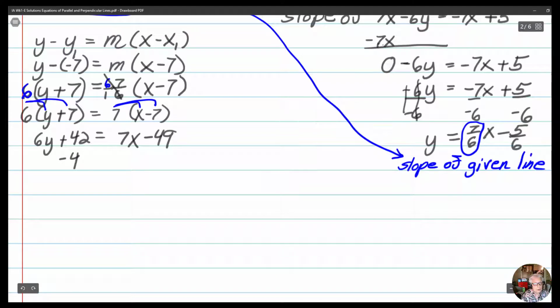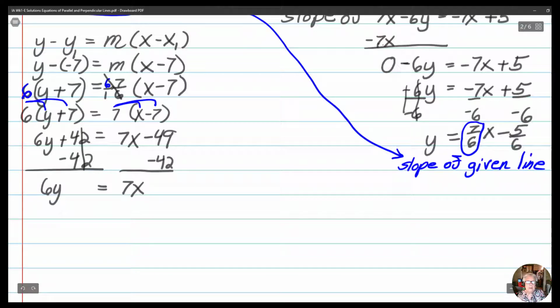Subtract 42, subtract 42. 42 minus 42 is 0, leaving me with 6y on the left. On the right, I'll have 7x.